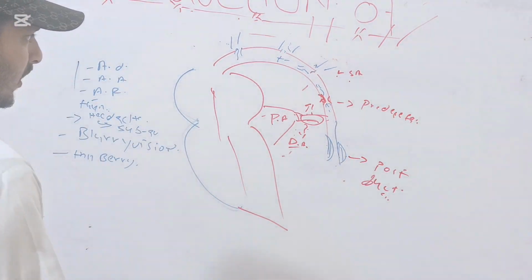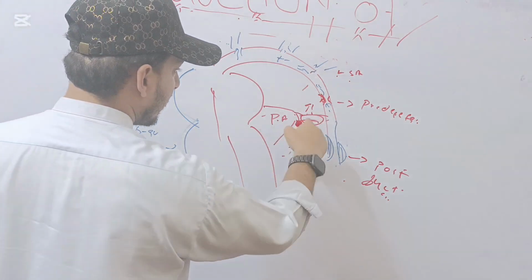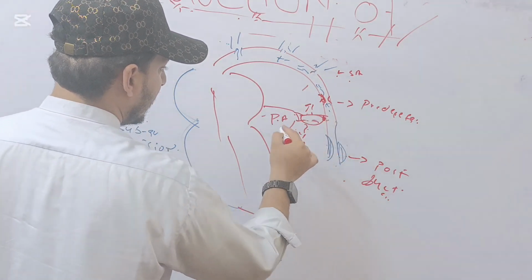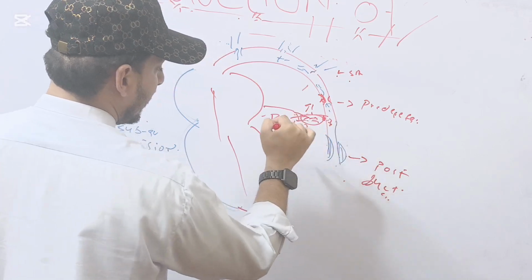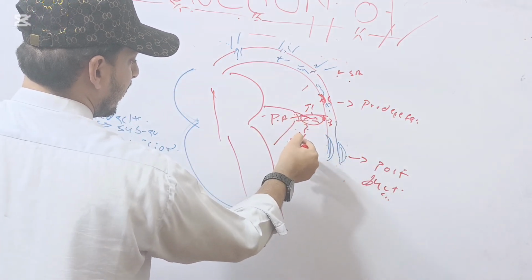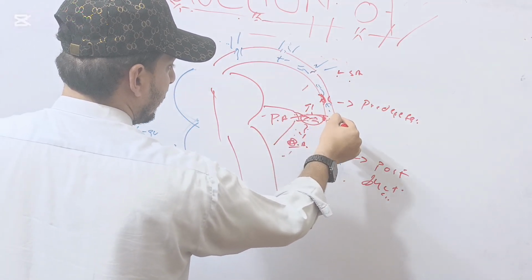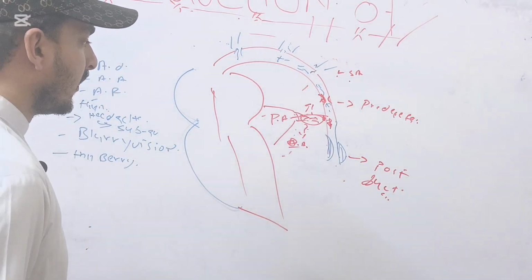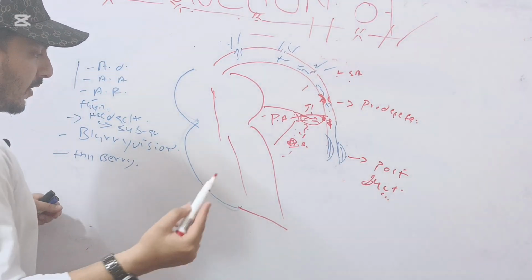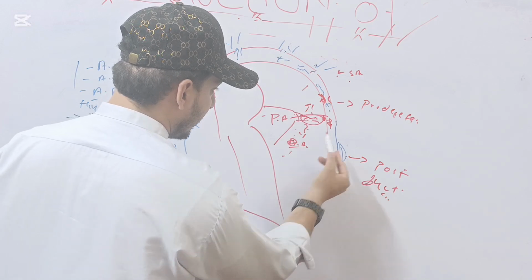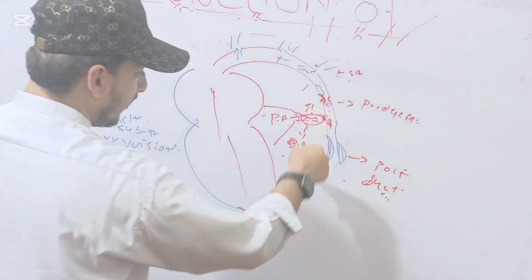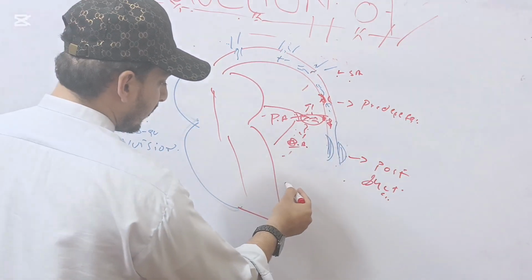So what happened? Normally the pulmonary arteries give the deoxygenated blood in the baby to the ductus arteriosus and drain into the aorta. If the coarctation occurs, what happens to the lower extremities?